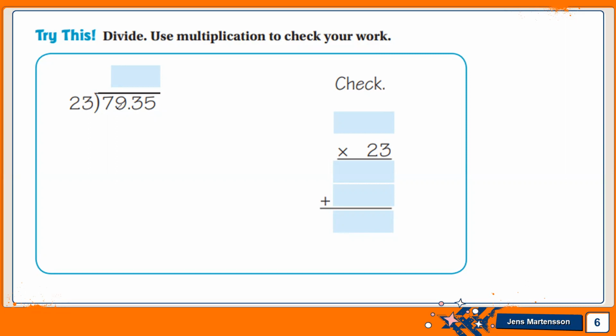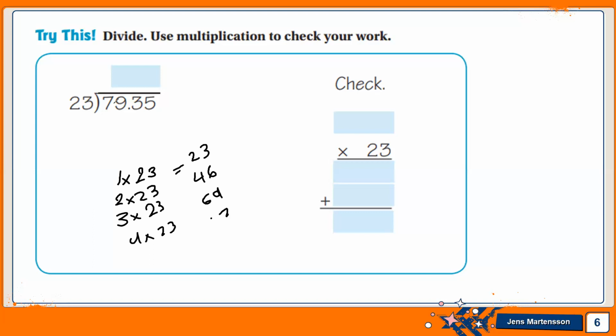You want now to ask yourself, how many 23 are in 79? What you will do, you will write here 1 times 23, 2 times 23, 3 times 23, to see where 79 is. 23, 46, 69, and 4 times 23, 92.